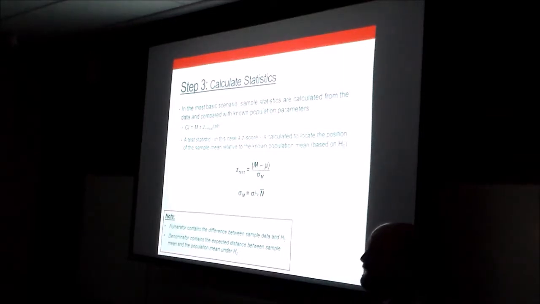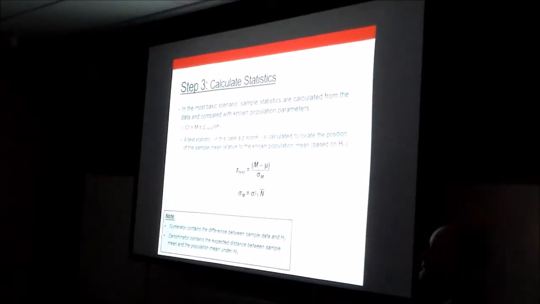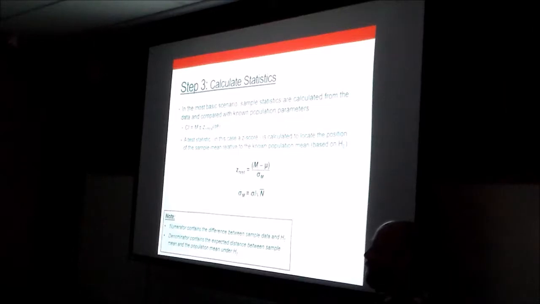If I found 18 points difference between my mean and the proposed population mean, and I only expect 3 points difference based on my standard error, I'm going to get a big test statistic, right? It suggests that obtaining these data is unlikely, assuming a certain parameter for the population.